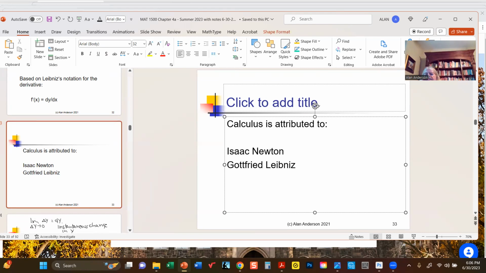So they're both considered to be, I guess you could call them, the fathers of calculus, but you'll notice when we go through calculus, in a lot of cases, the notation that we're using was either invented by one or the other. They both had different notations. They didn't even know that the other one was working on this, by the way, because Newton was in England, Leibniz was in Germany, and they didn't know each other.